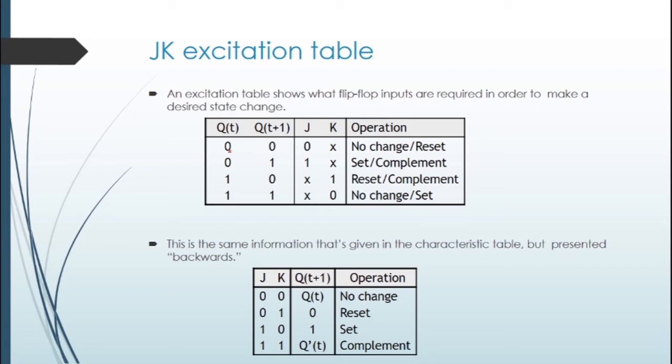So for 0 0, it is J=0 and K is don't care. Similarly, if Q is 0 and Q(t+1) is 1, we can have J=1 and K don't care.